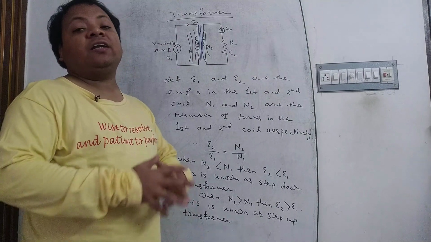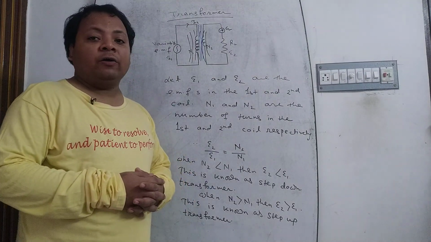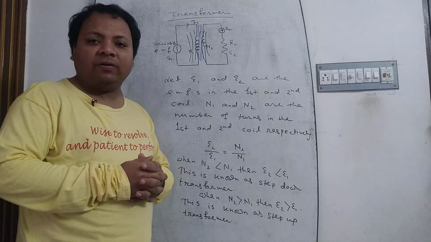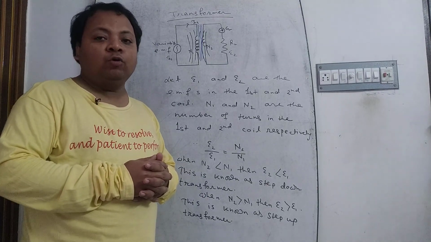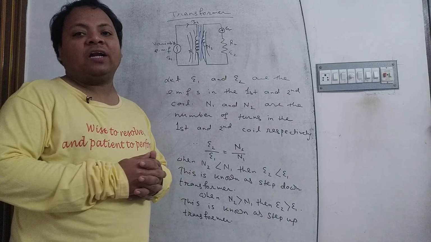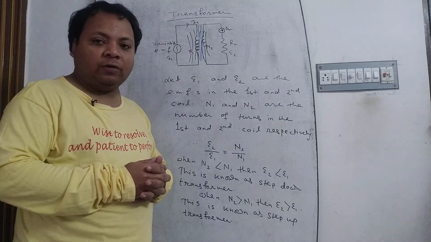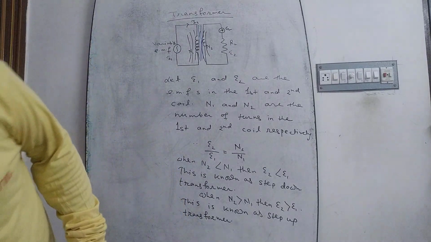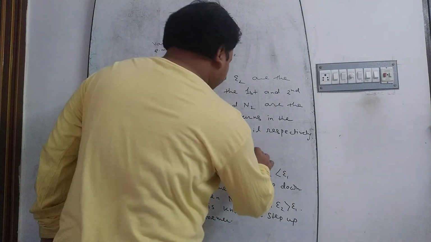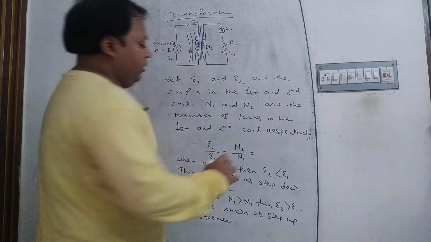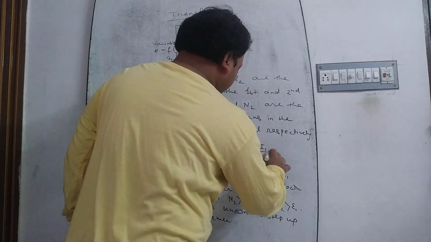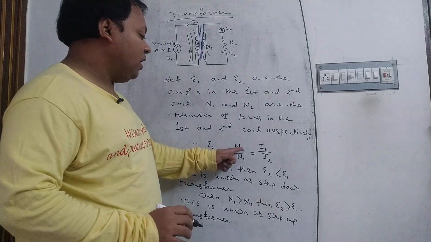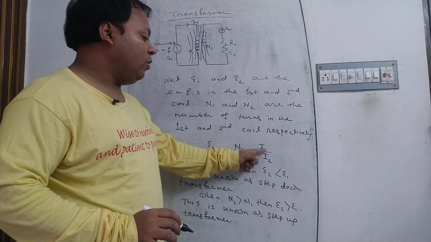You know that if the power is constant, then EMF and current are inversely proportional. That's why we can also write this relation as epsilon 2 by epsilon 1 is equal to N2 by N1 is equal to I1 by I2.